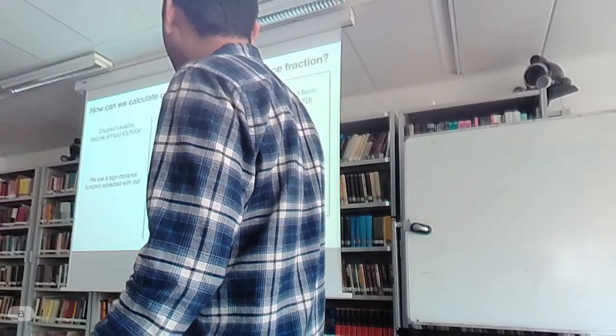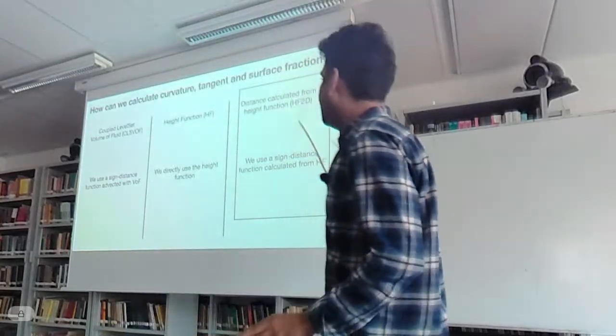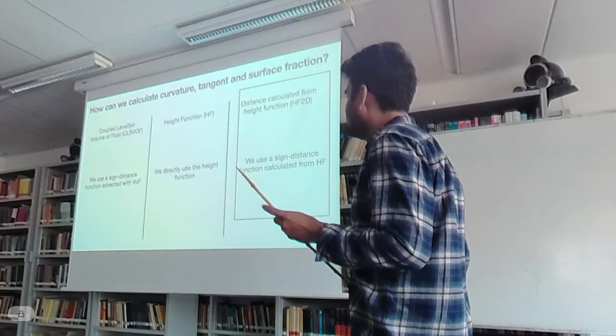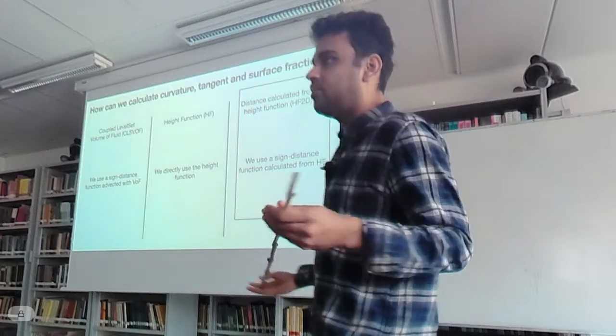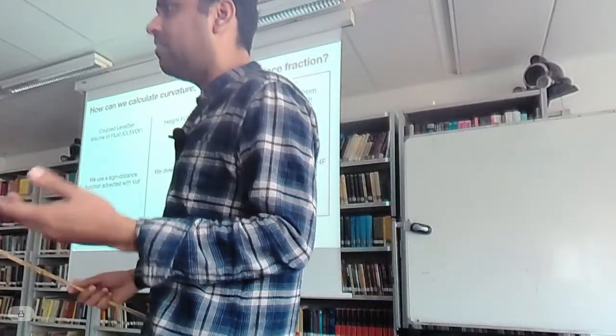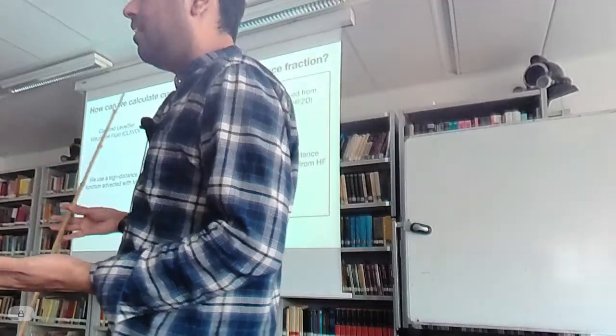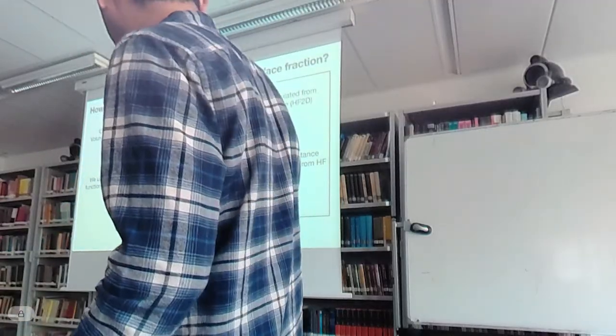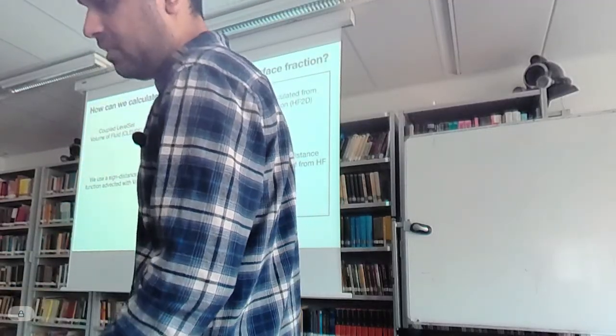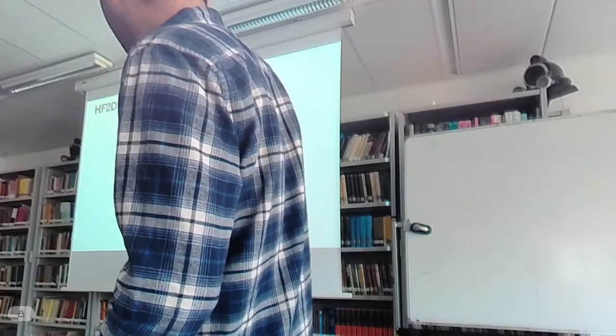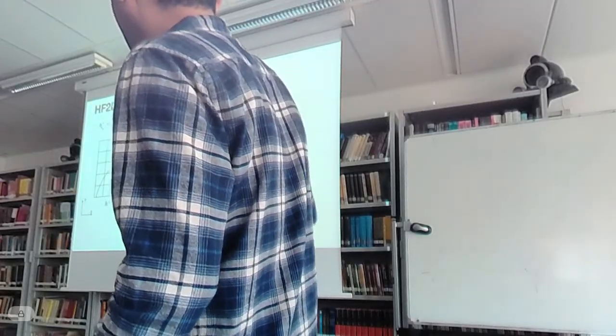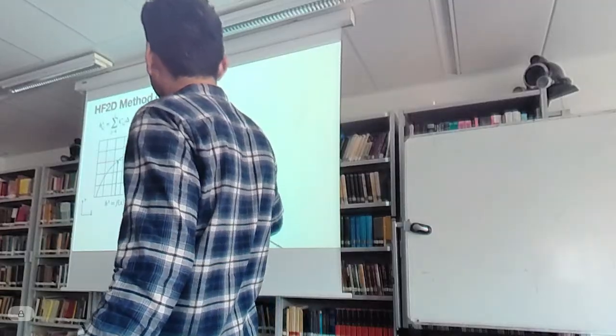And the last method is the height function to distance method, where we use a signed distance that we now calculate from the height function. So we do not need to redistance in this case as well, because we use height functions to write this as signed distance. And how we do this, again, we have two approximations of height functions.